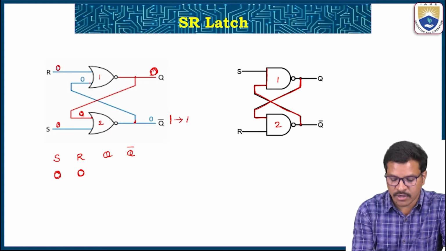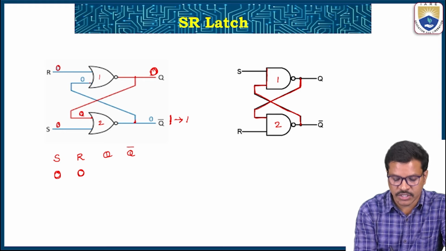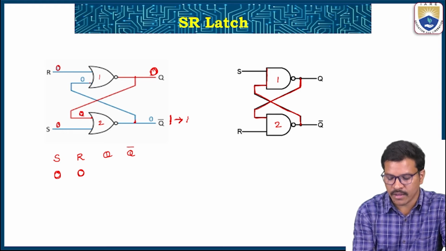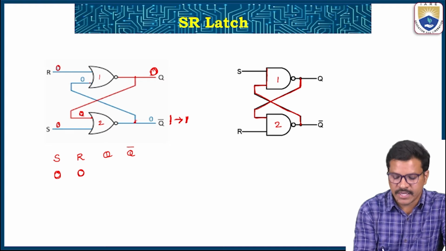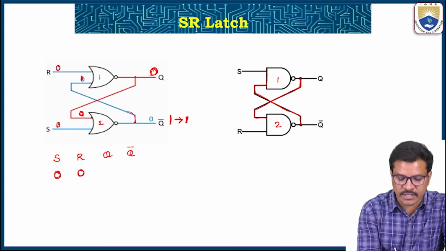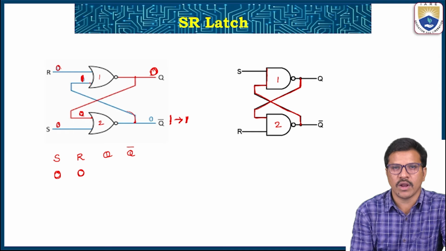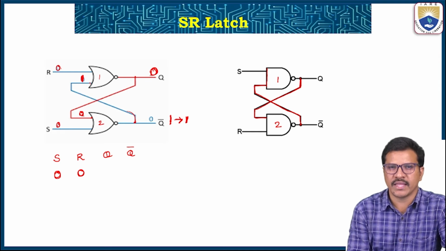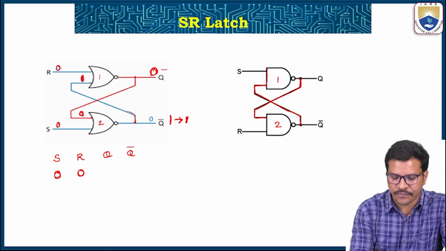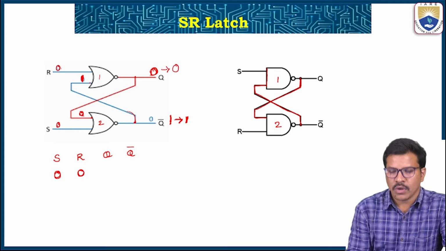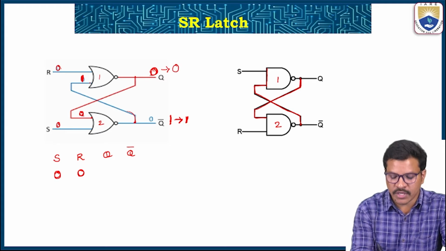This 0 and 1 then come around, and the NOR gate 1 with inputs 0 and 1 makes the output 0. So initially I am assuming 0 in the Q and 1 in the Q bar.